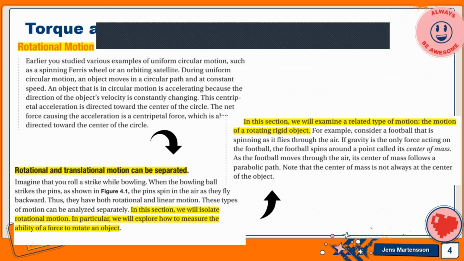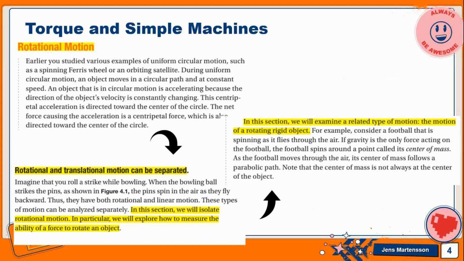Now, as I told you earlier, torque is about rotational motion. Okay, so what's going to happen? In this section, we will isolate rotational motion. In particular, we will explore how to measure the ability of a force to rotate an object. Another example of torque is, for example, when you want to drink a soda, okay?